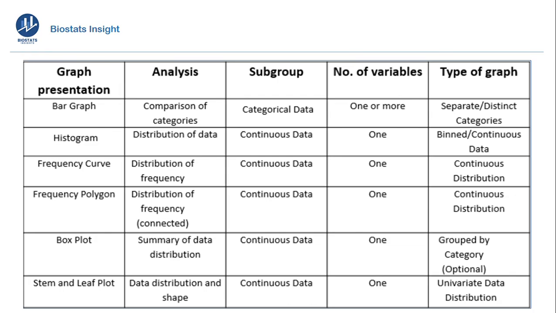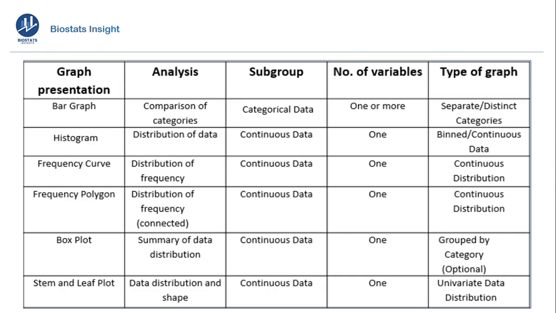Frequency curve: the analysis of frequencies helps you decide how your frequency is distributed. The data should be continuous, the number of variables is 1, and the type of graph is continuous distribution. In the frequency polygon, it is the same as the distribution of frequency connected through line points. The data is continuous, the number of variables is 1, and the type of graph is continuous distribution.